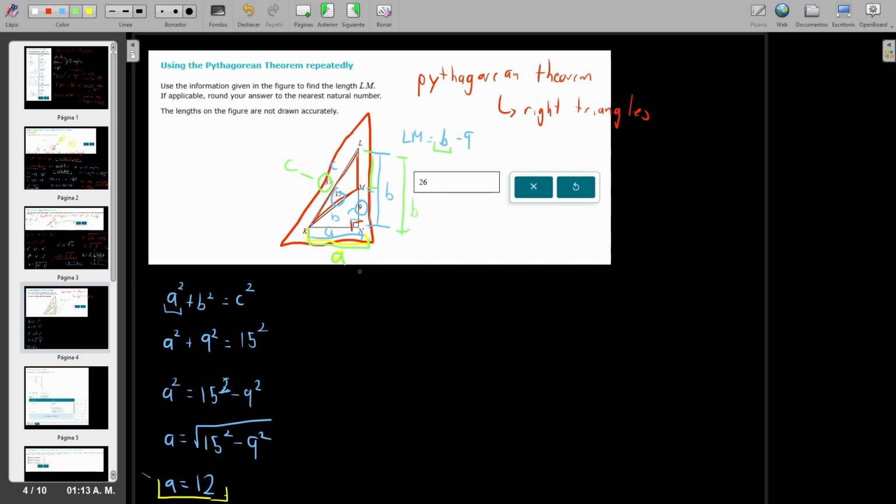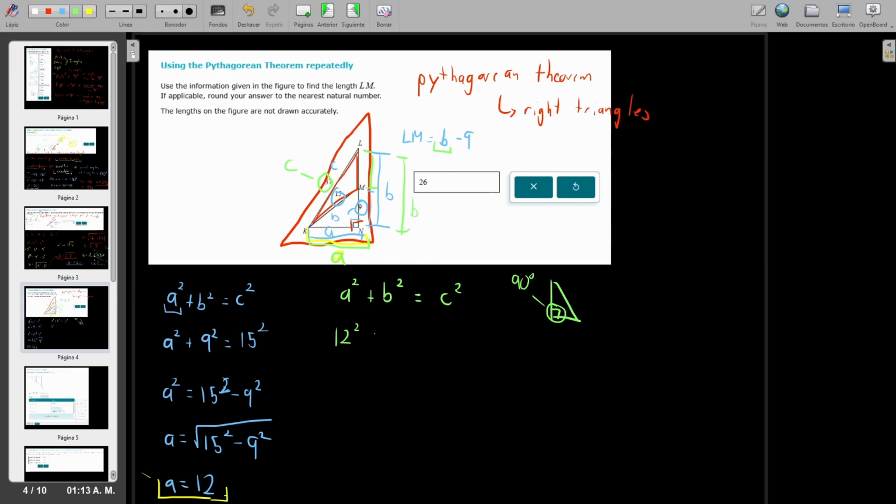So it is going to be, again, with Pythagorean. Remember, Pythagorean is always with right triangles. Right triangles are the triangles that have at least a right angle that has 90 degrees.